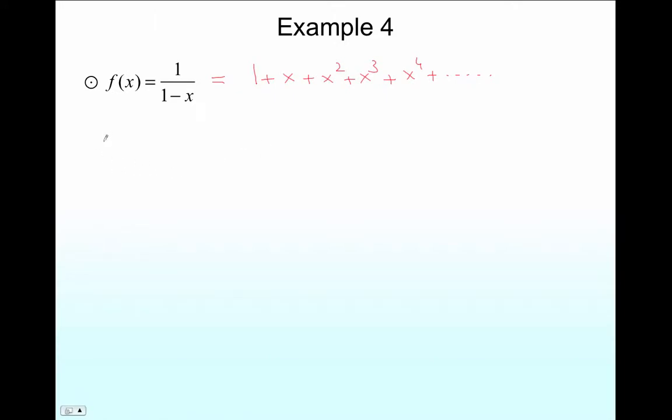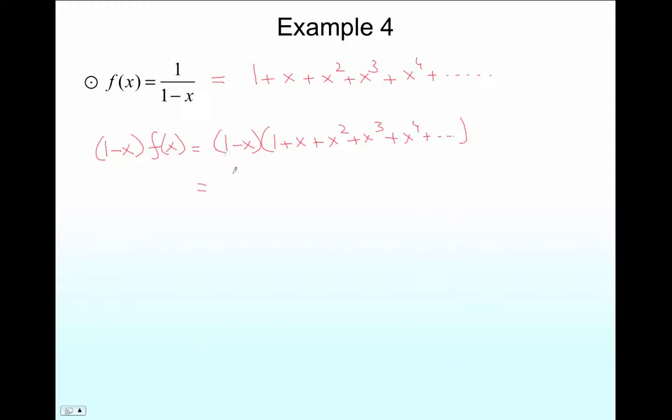I can easily check this, because if I multiply 1 minus x with f of x, then I should get 1. Well, let's see if we do. I have 1 minus x, and what is up above is 1 plus x plus x squared plus x cubed plus x to the 4, etc.